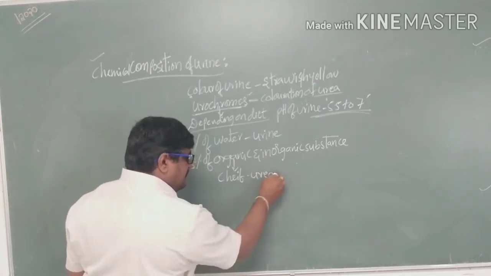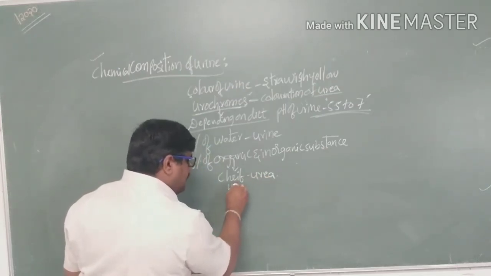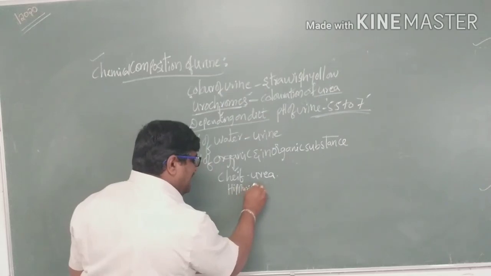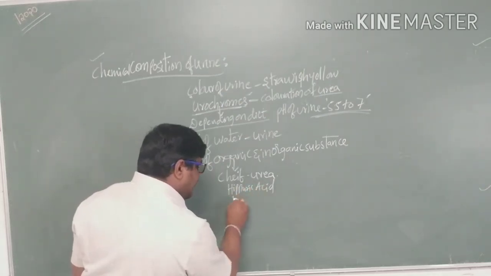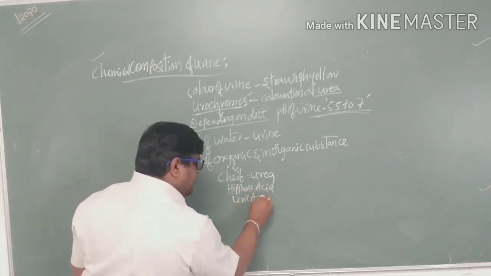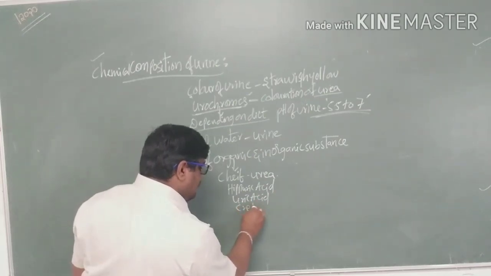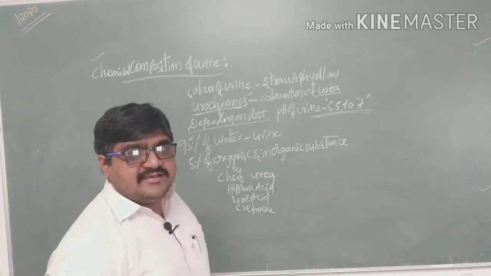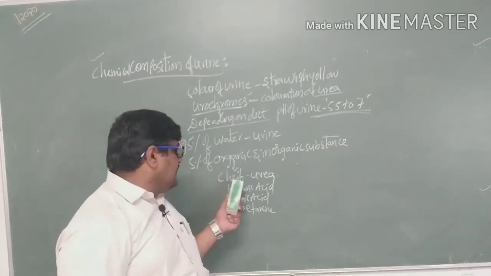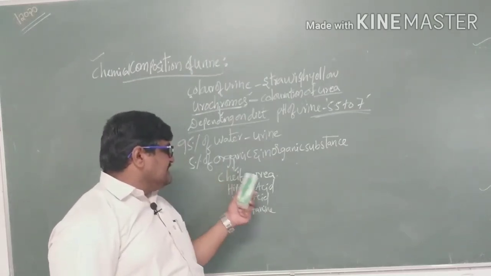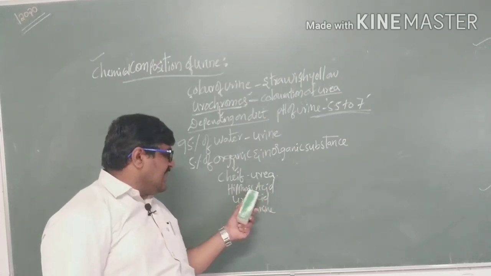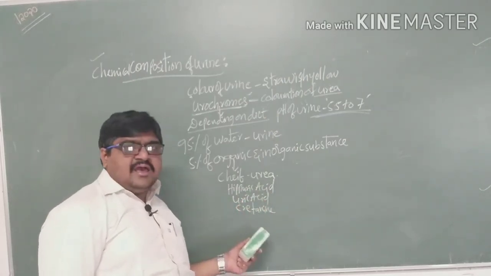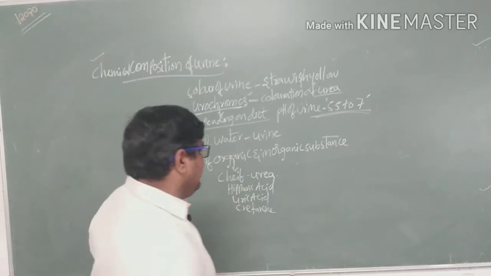Along with urea, it consists of uric acid and creatinine. And also the inorganic salts.